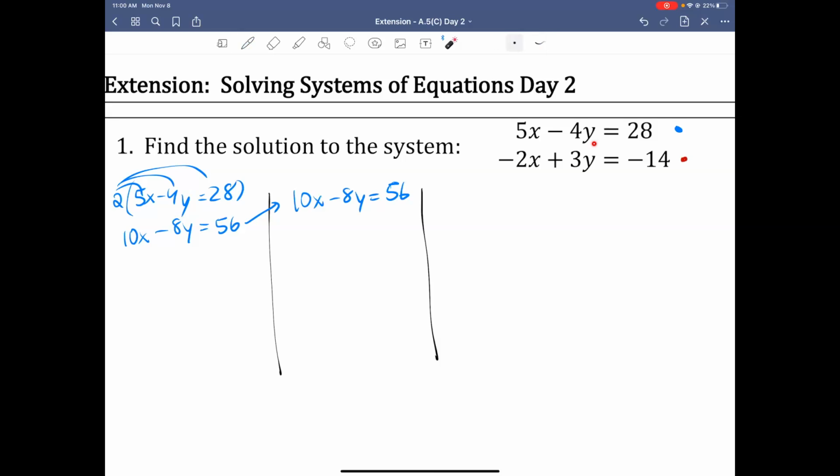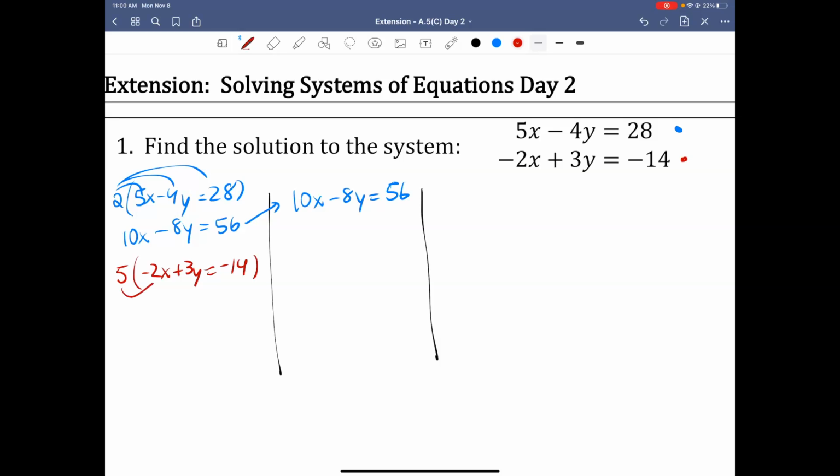Then, looking at my second equation, what I want to do is get this to be a negative 10 so that it will have the opposite coefficient of the 10 right here. And so what do I need to multiply negative 2 by in order to get negative 10? That would be a 5. And so I'm going to multiply my red equation by a 5 so that my x coefficients will meet up at 10 and negative 10.